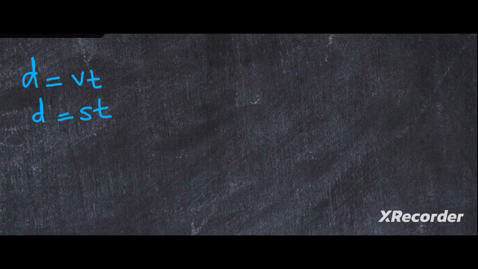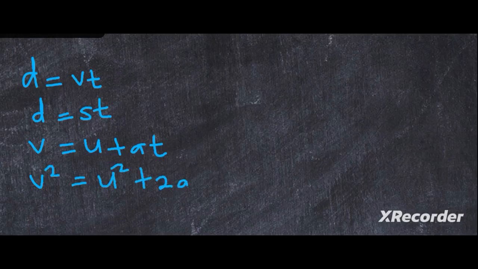We are also going to write down this formula. When the acceleration is constant, or uniform, final velocity is equal to initial velocity plus acceleration times time. Let me also write down this formula: final velocity squared is equal to initial velocity squared plus 2 times acceleration times distance.